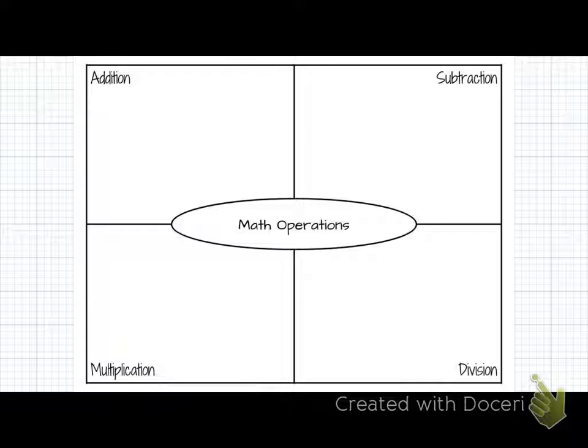But instead of it being definition, illustration, examples, non-examples, let's make it addition, subtraction, multiplication, and division. Okay? So take a moment to draw this model out. It's called a Frayer model.